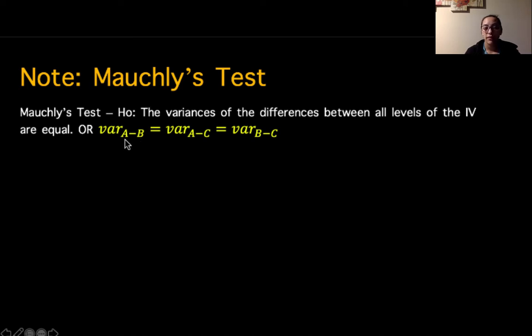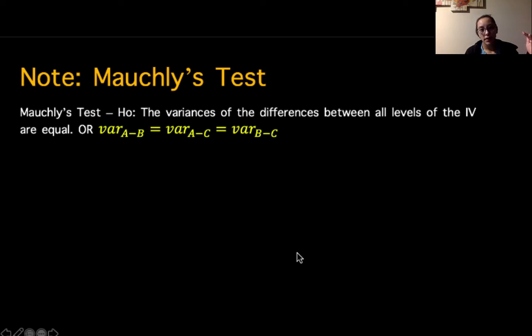So if I have levels A, B, and C, a 3-level independent variable for, let's say, a one-way repeated measures ANOVA, the way that I look at sphericity is I take the difference between the variances of each level. And then I ask, are the differences of those variances relatively equal to each other?